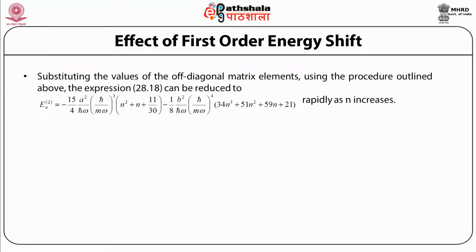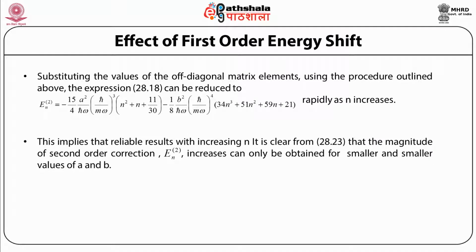Substituting the values of the off-diagonal matrix elements using the procedure outlined above, the expression 28.18 can be reduced to E_n² equals minus 15/4 (a²/ħω)(ħ/mω)³ (n² + n + 11/30) minus 1/8 (b²/ħω)(ħ/mω)⁴ (34n³ + 51n² + 59n + 21). It is clear from 28.23 that the magnitude of the second order correction E_n² increases rapidly as n increases.